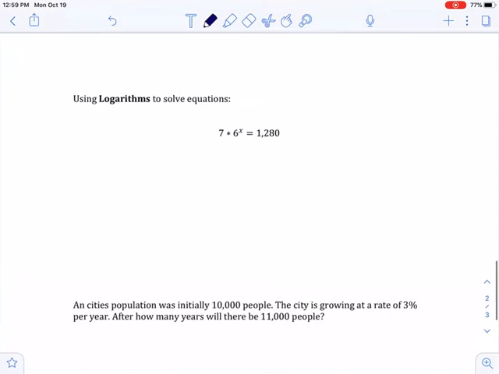So if I have to solve an equation like this, or in the situation where I had the football players, I can use my basic solving strategies just to try to get 6 to the x power by itself first. So I'm going to divide both sides by 7. So here I got 182.85.